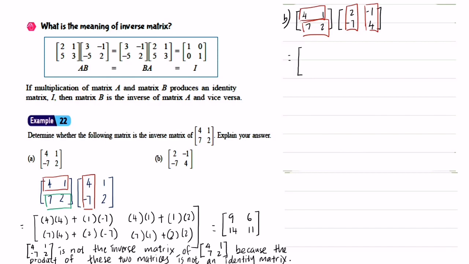So for these two matrices, we can obtain 4 times 2 plus 1 times negative 7.